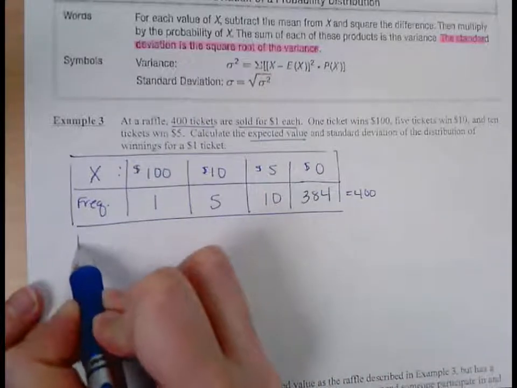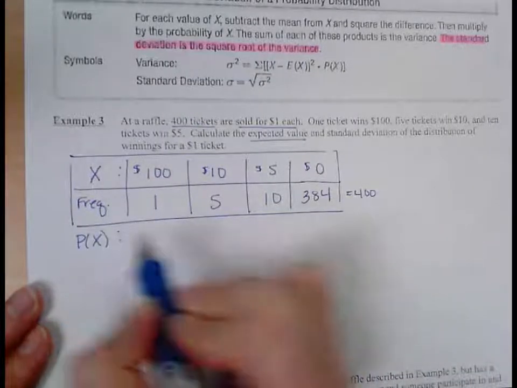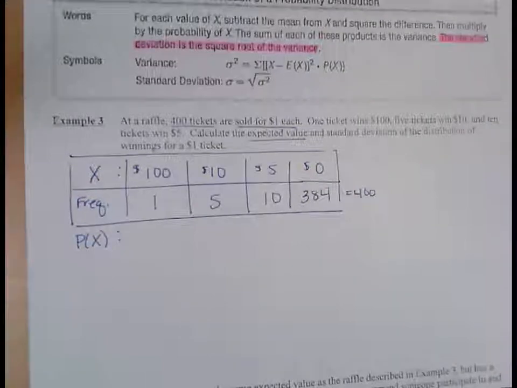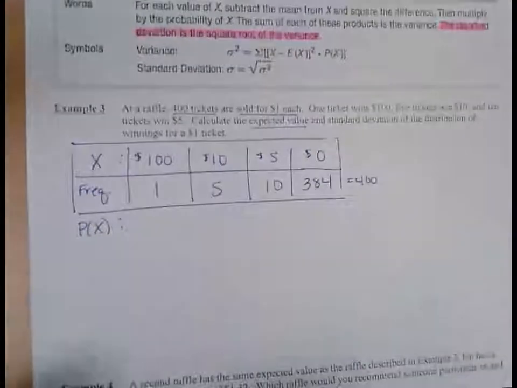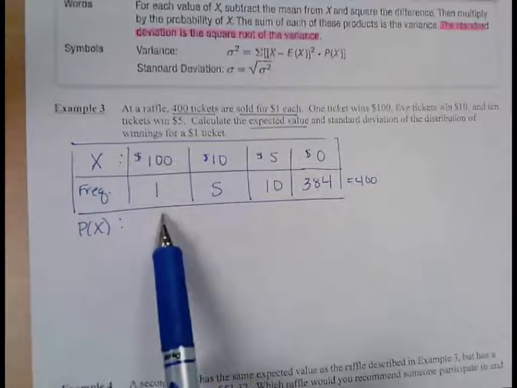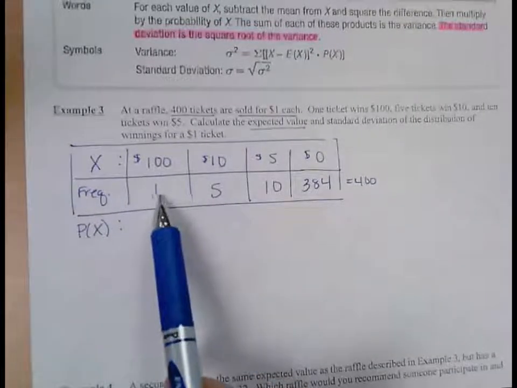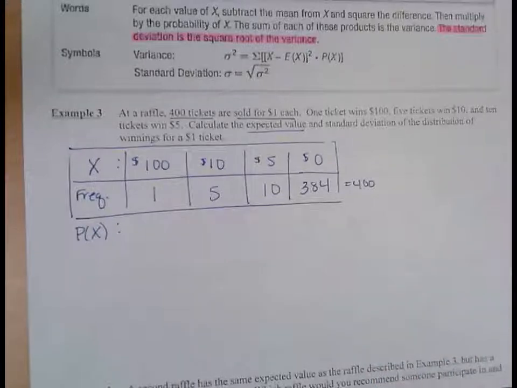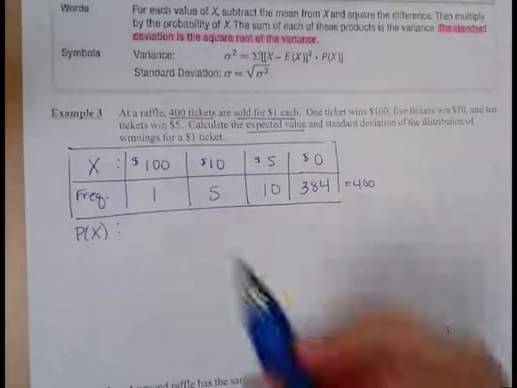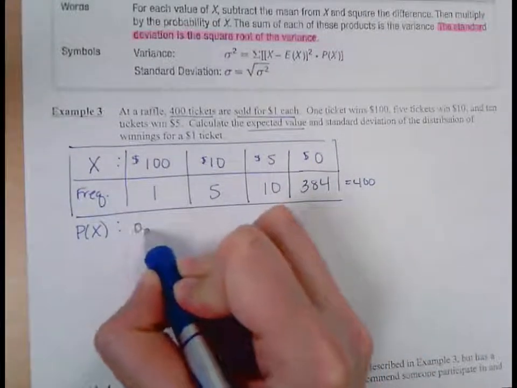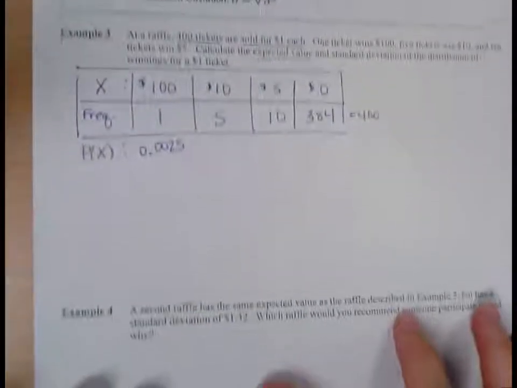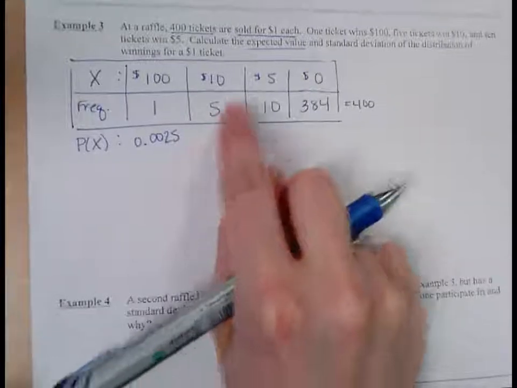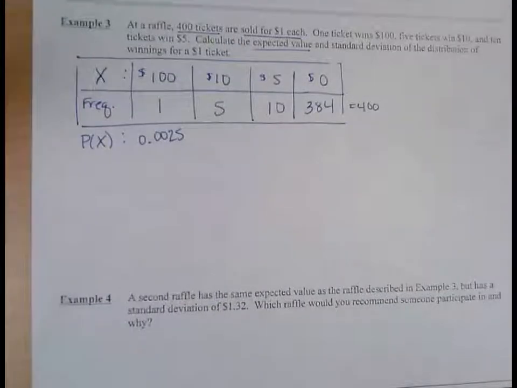So then we can calculate our probabilities, P of x. And we should be able to use decimals here. So for the probability of winning $100, we take 1 divided by 400. That probability as a decimal is 0.0025. And then the probability of winning $10, divide 5 by 400.